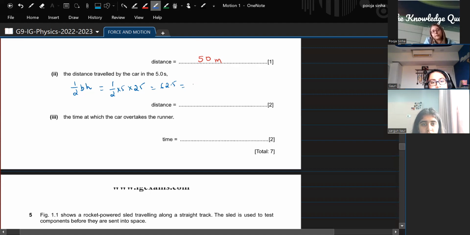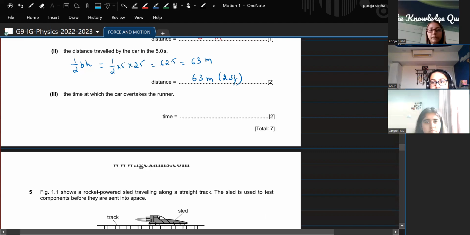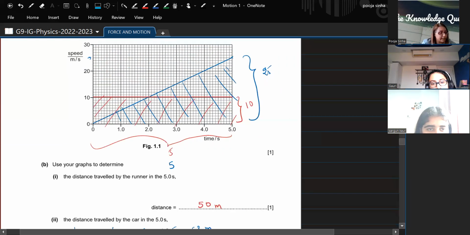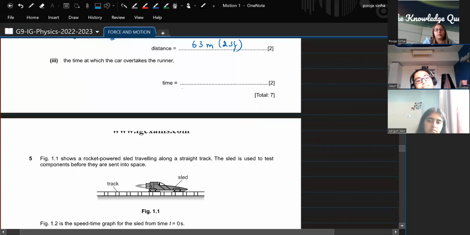So 63 meters, 63 meters to 2 significant figures, my answer has come. Okay? The time at which the car overtakes the runner. What is that time? Around 2 seconds. 2 seconds, the car overtakes. Perfect. Very good.